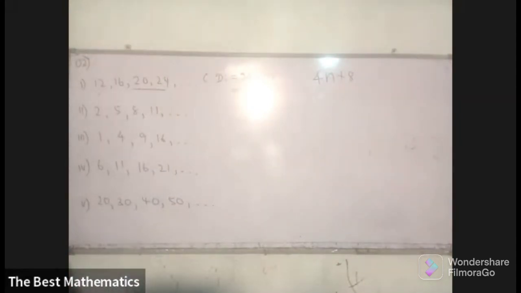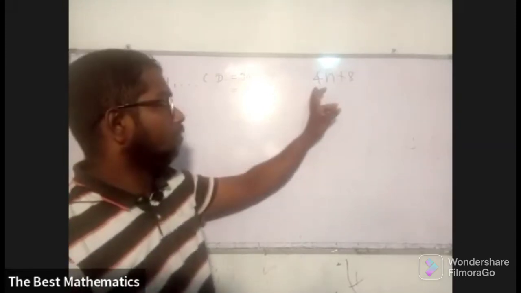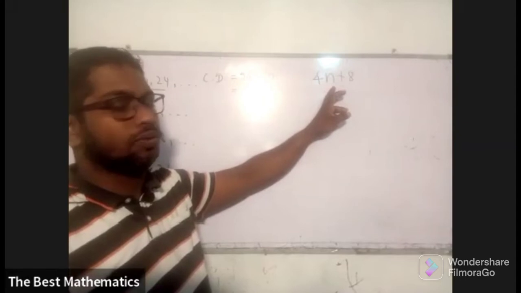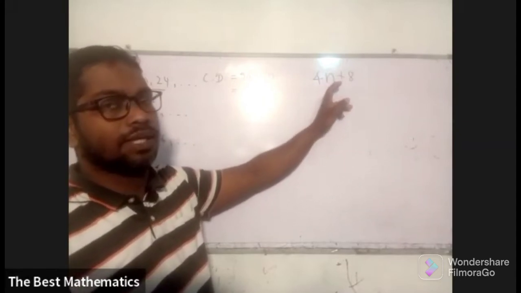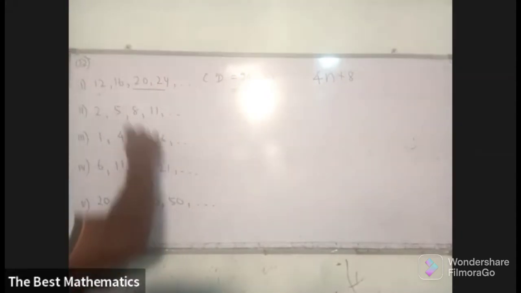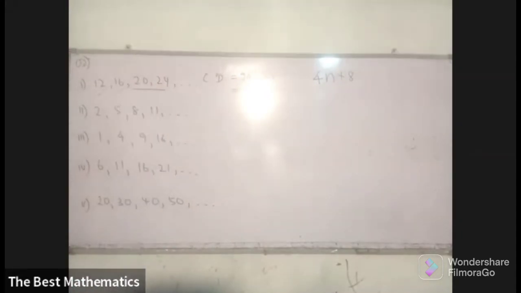Yes. Let's check the second term also. 4 multiplied by 2 plus 8. 4 multiplied by 2 is 8 plus 8 is 16. Yes, very good. The second term is 16.